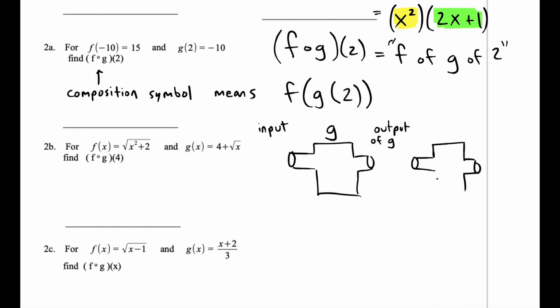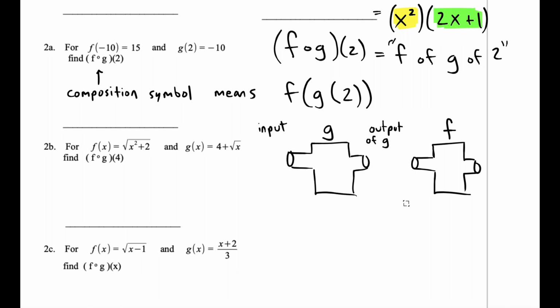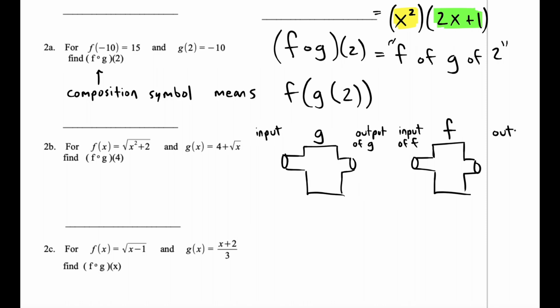So this is the concept behind a composition of functions. It's that the output of one function becomes the input of another, and then you get the final output of the composition on the right.